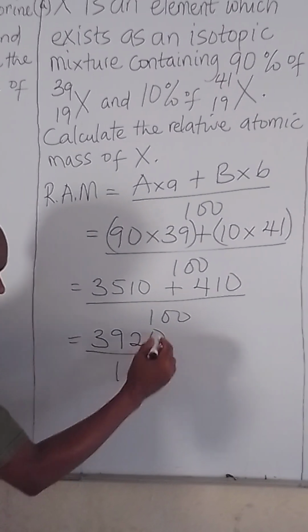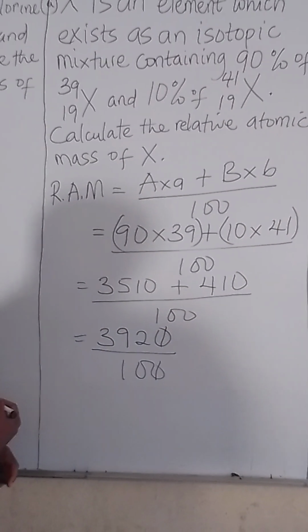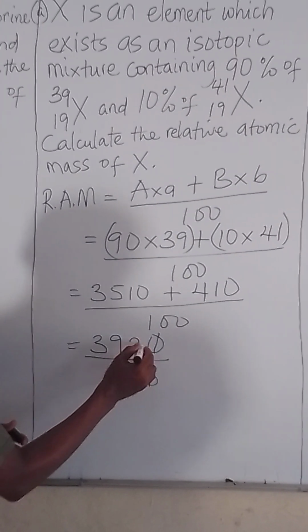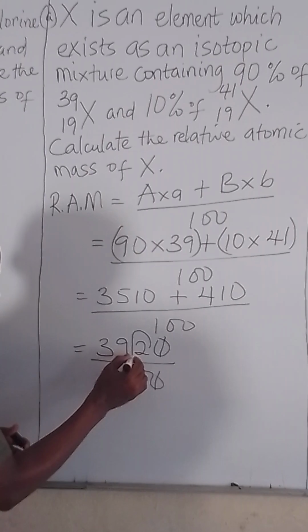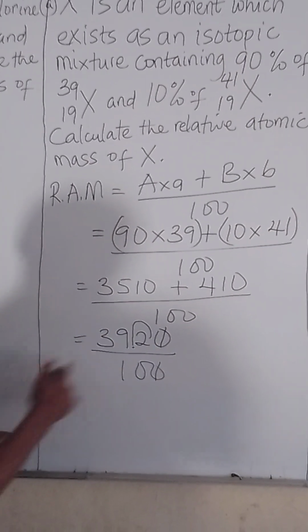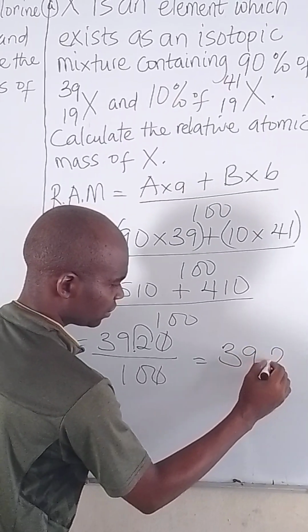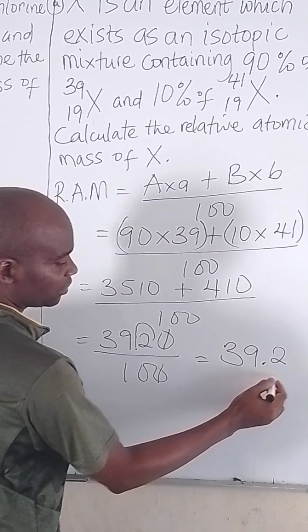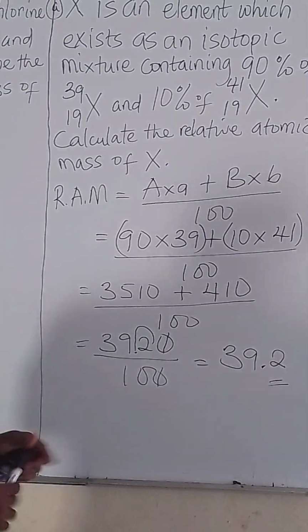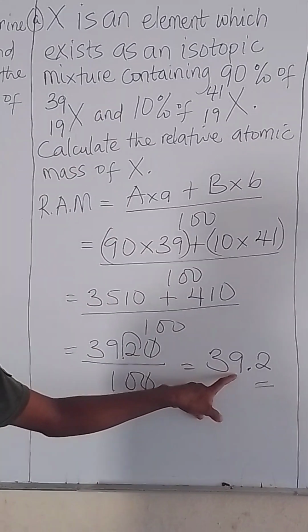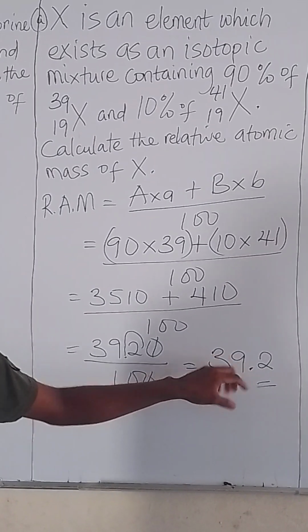Of course, the zero will cancel the other zero, and we have 1 0 remaining. So we move one decimal point to the left, we fix it there, and that will give us 39.2 or 39.20. So the relative atomic mass of X is 39.2.